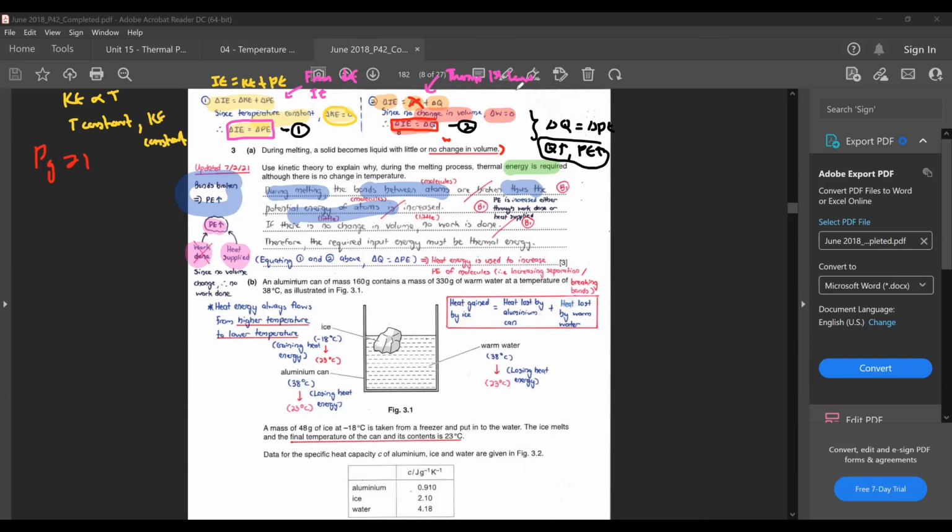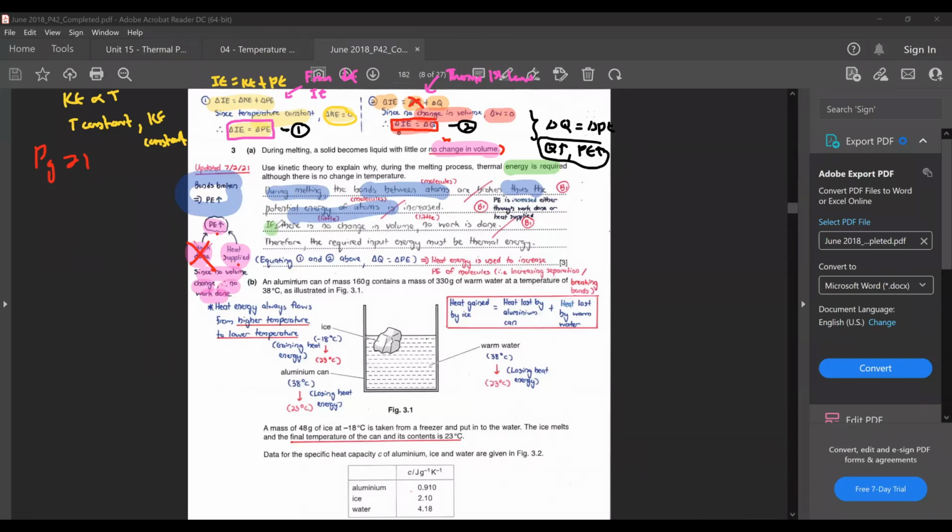But we already know that there's no change in volume. Since there's no volume change, there obviously is no work done. So in your case, this one is out. The only way that your potential energy could have increased is through heat supply. So that's why your answer is written as this.